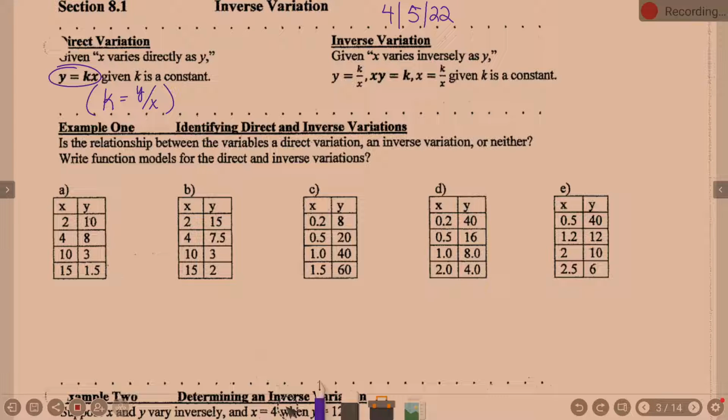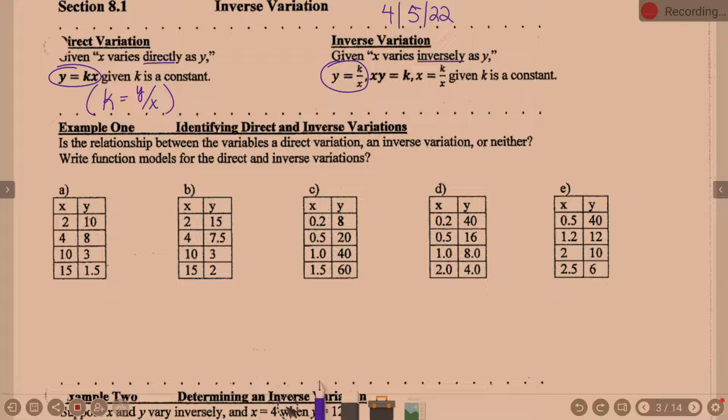Now, inverse variation. Well, change one word, right? Instead of x varies directly with y, it's x varies inversely as y or with y. There's two equations I like to use. When you're asked to write an inverse variation equation, instead of y equals k times x, it's y equals k divided by x.